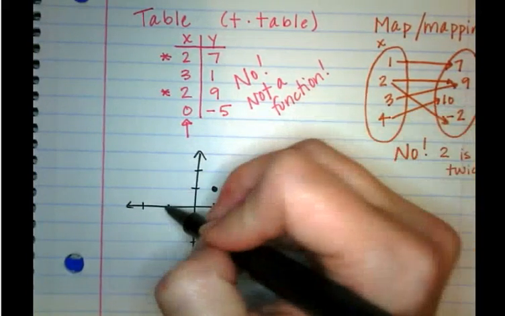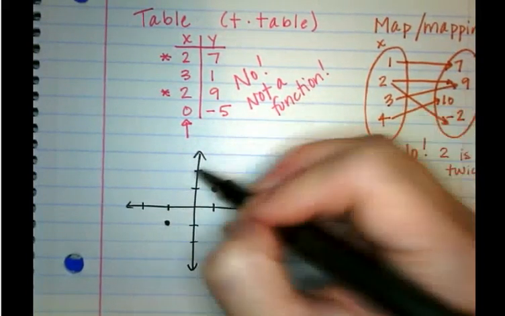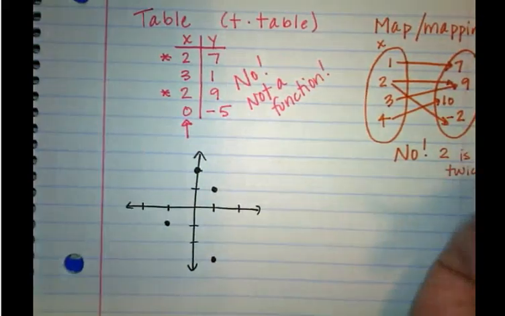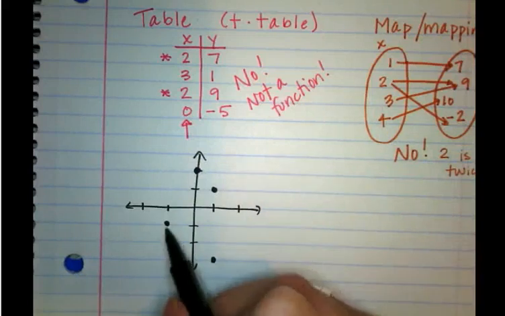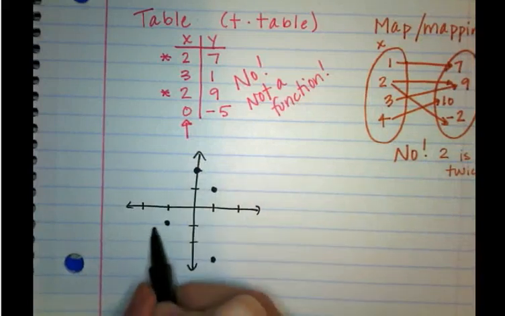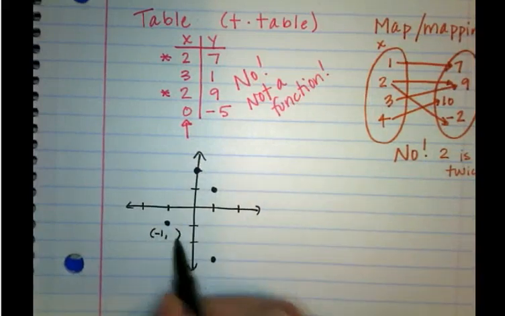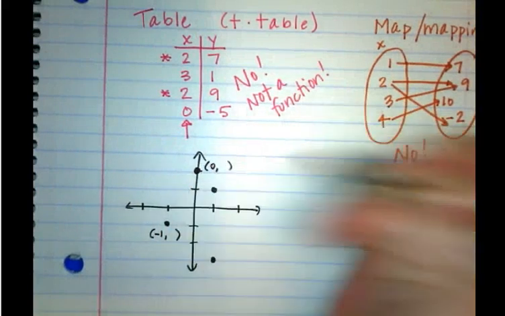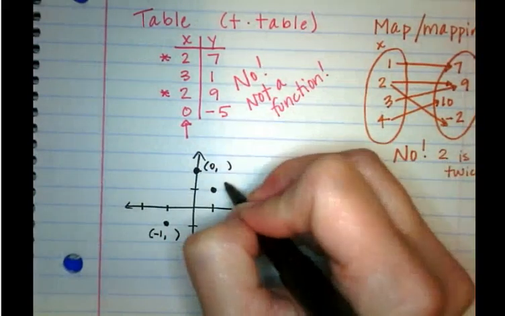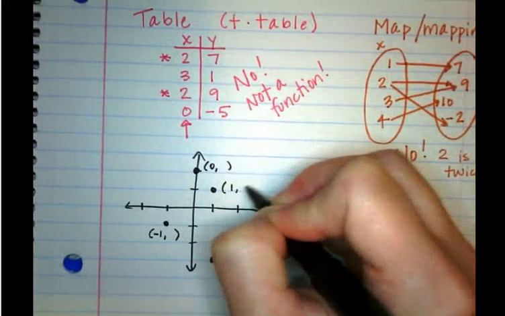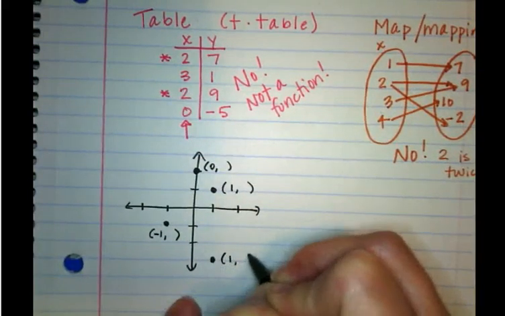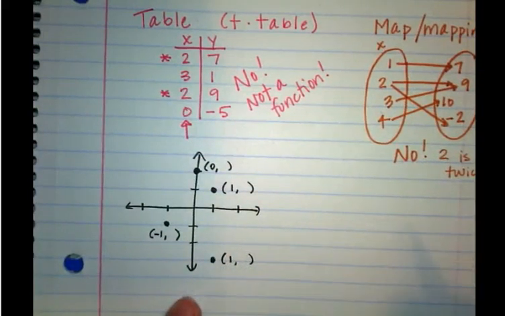Let's say I have that one, we'll do this one, and maybe down here. Alright, when I look at this, I see this point has -1 as its x. I see this point has 0 as its x. I see this one has a 1 as its x, and this one also has a 1 as its x.